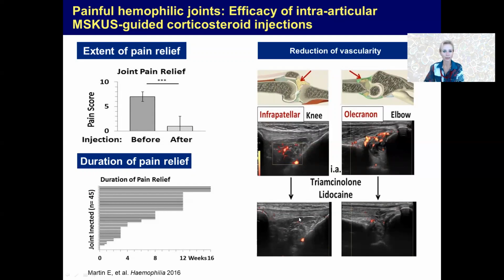Now, it is unclear if that also is associated with pain relief, but clearly vascularity goes down. And in the case of hemophilia, that might also be important to avoid rebleeding from relatively fragile vessels.